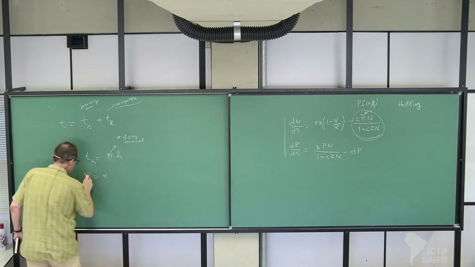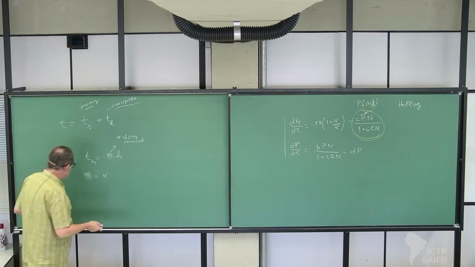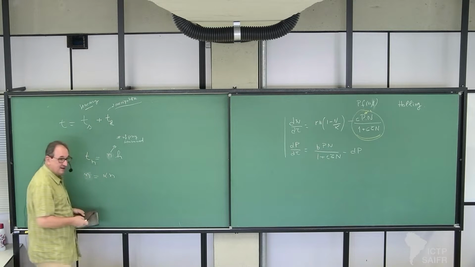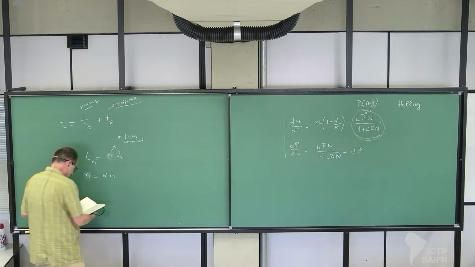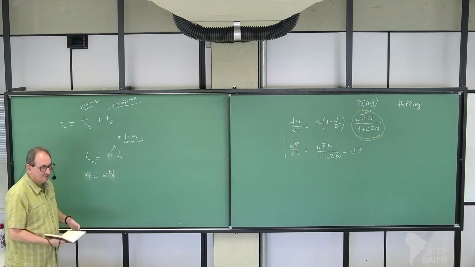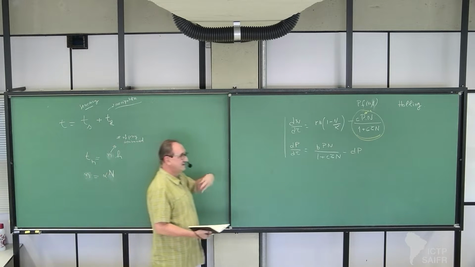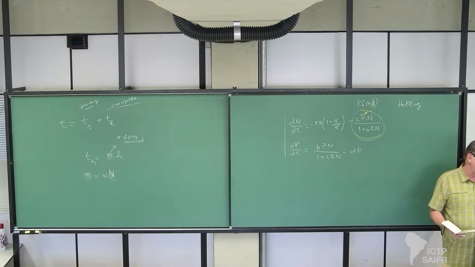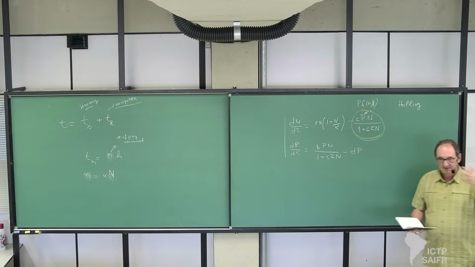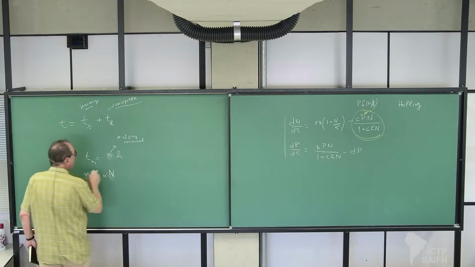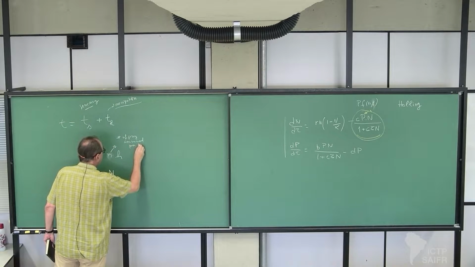So the number of prey consumed should also be proportional to the number of prey which are available, the total population size of the prey. If the population size is large, then it's easier to find the prey.